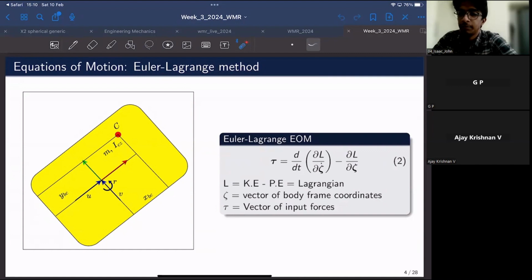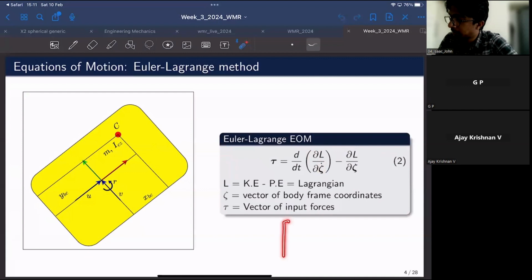We can derive an equation of motion of a robotic system using this equation. On the left-hand side is the vector of torques and moments. And the partial derivative of this scalar function, we call this the Lagrangian of this specific mechanism. And zeta is basically the vector of degrees of freedom.